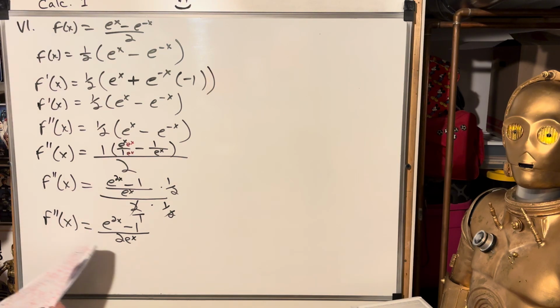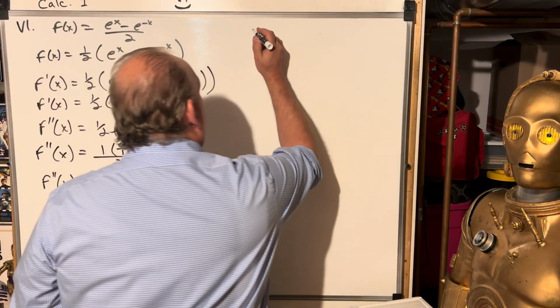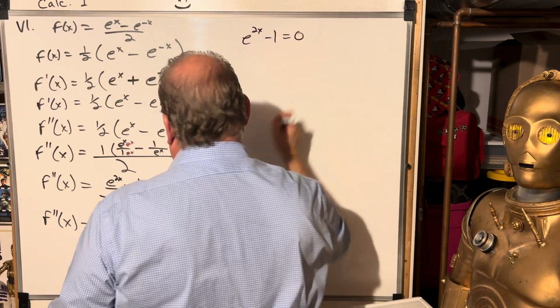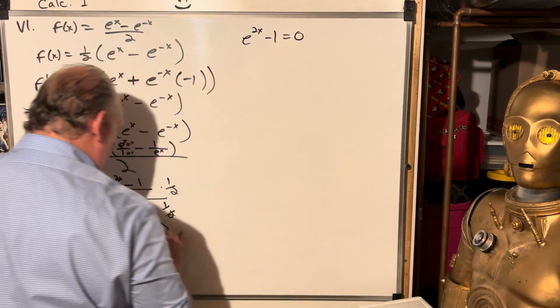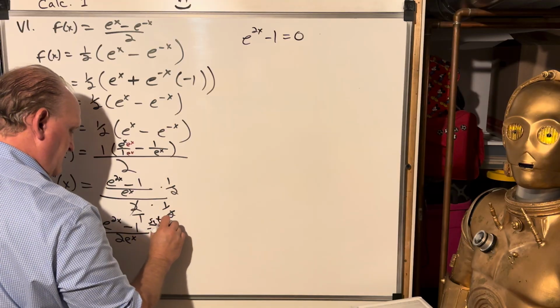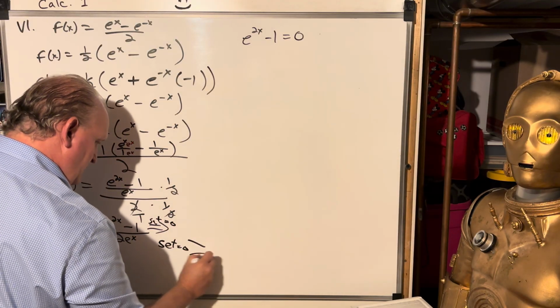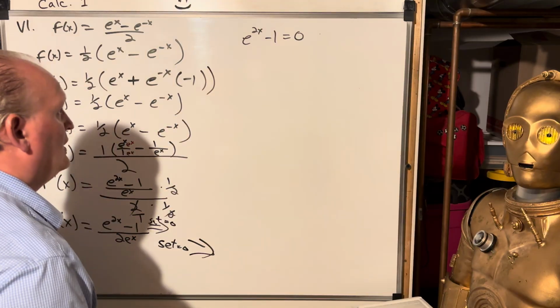Now we're going to set both the numerator and the denominator to 0 and see what shakes out. e to the 2x minus 1 equals 0, so set equal to 0. We're just doing it up here.